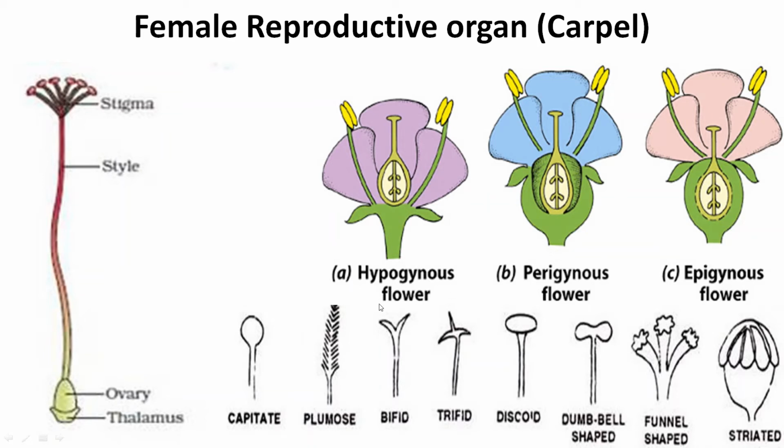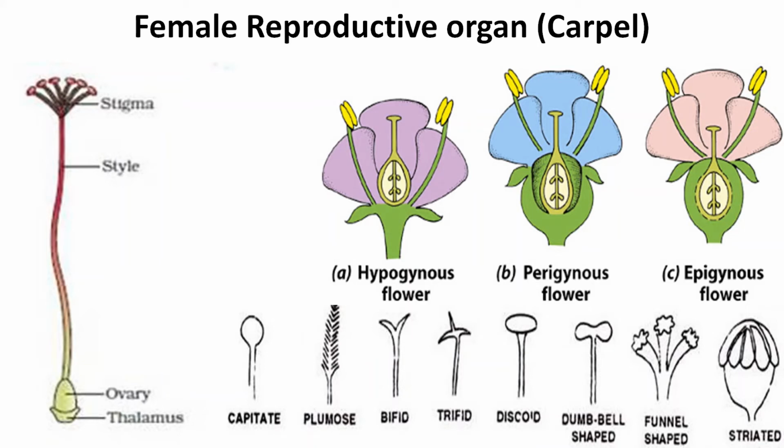In case of hypogynous flower, the ovary occupies the highest position on the thalamus. This is the thalamus and on top of this the ovary is located.